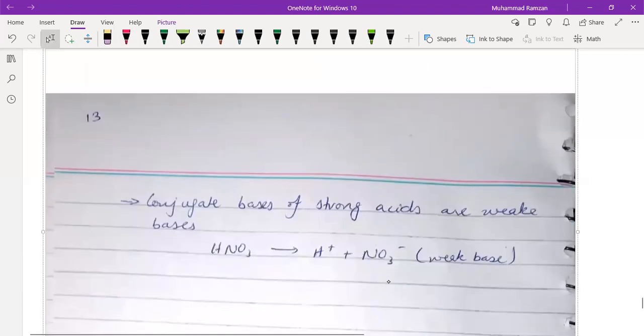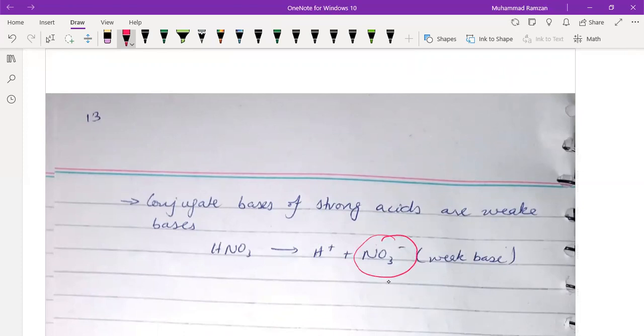Conjugate bases of strong acids are weak bases. Conjugate bases means NO3 minus. This is the conjugate base of HNO3. Being a negative ion, it has the capability to accept H plus, but it is weaker.